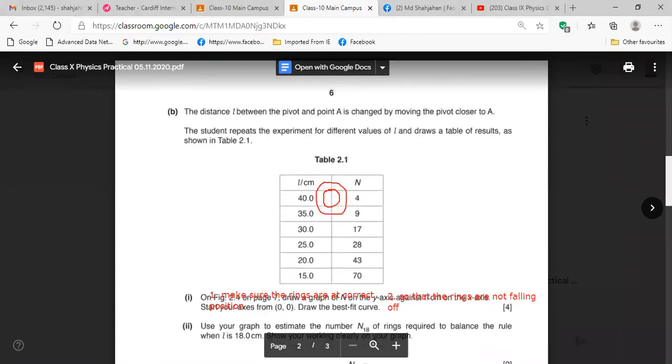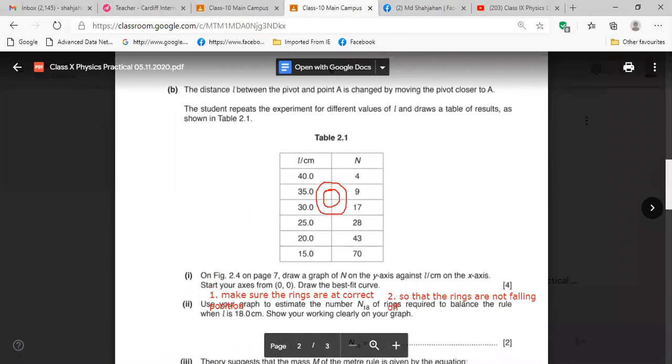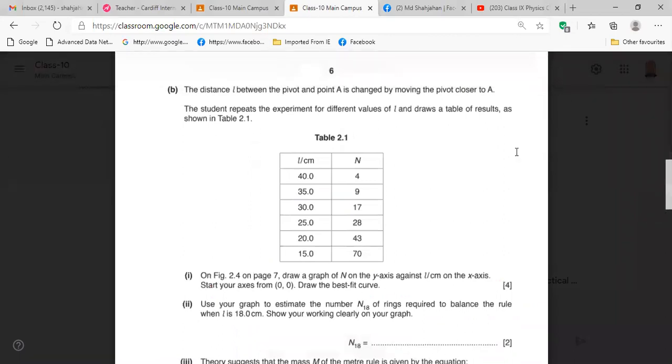Let us go for the next part. Ziba, you read part D. The distance L between the pivot and the point A is changed by moving the pivot closer to A. The student repeats the experiment for different values of L and draws a table of results as shown in table 2.1.